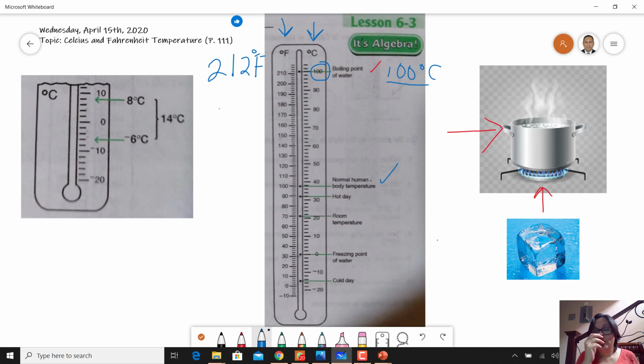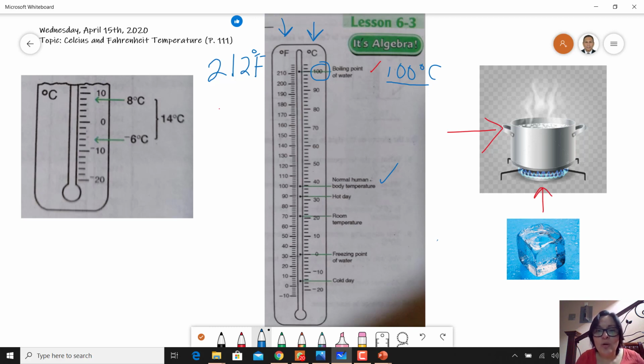But when we start to get sick, sometimes we start to present fever. That means that the temperature of our body increases. That's why doctors use a thermometer to measure your temperature to see if you have fever or not. And if you have fever, how many degrees?